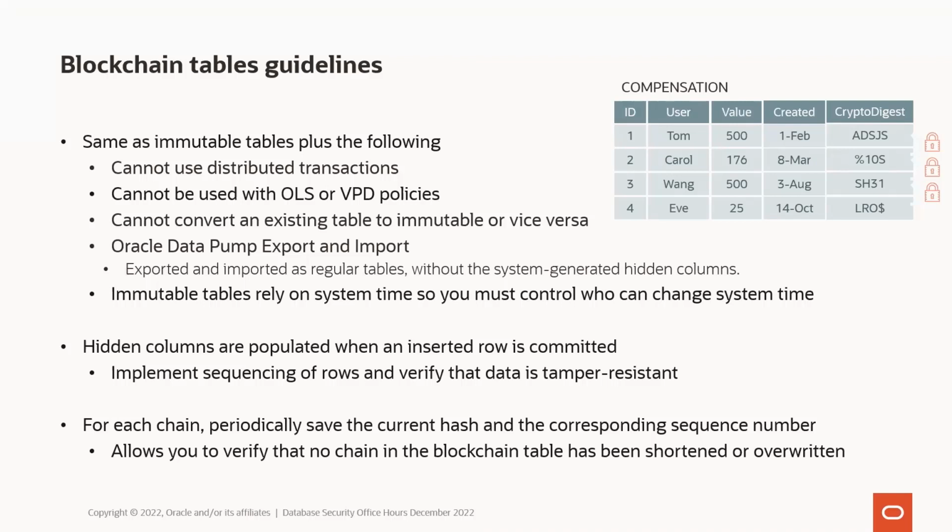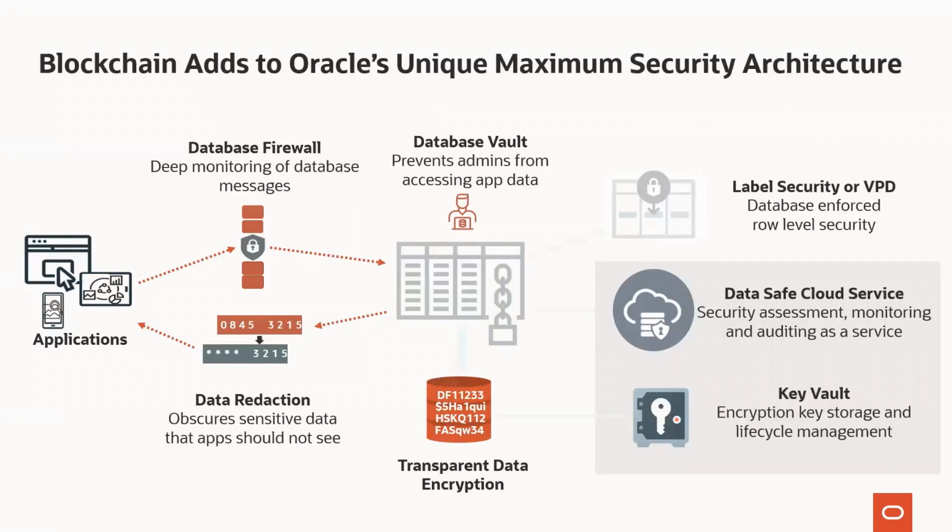So again, tamper resistant. If you have a requirement for it, we have the capability within the Oracle database. And if you're on 19c, release 19.10 and higher, you can take advantage of blockchain tables within the database rather than standing up an entirely separate database. Blockchain is just yet another thing that we add to our maximum security architecture.